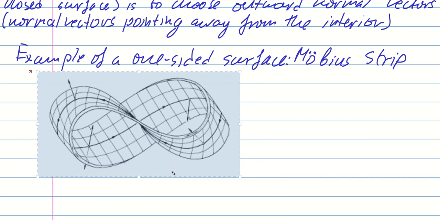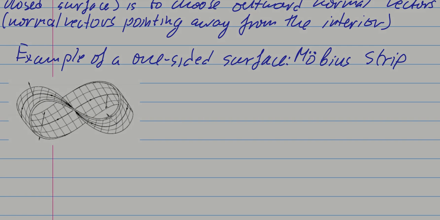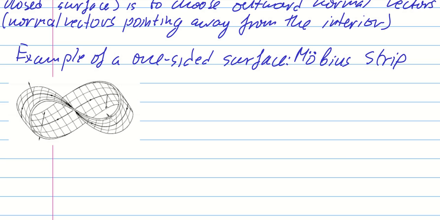You can construct a Möbius strip by taking a strip, cutting it off, flipping it and connecting the sides.